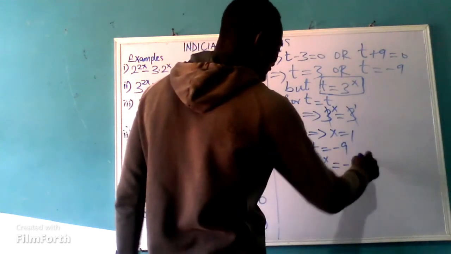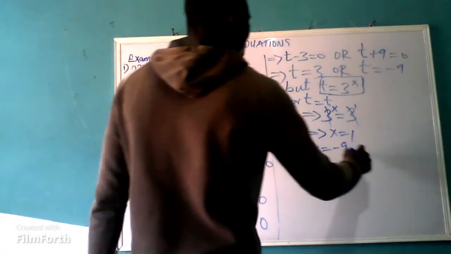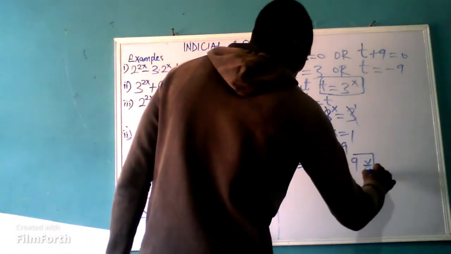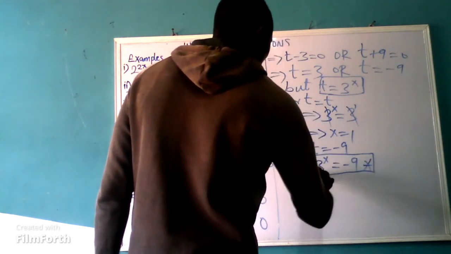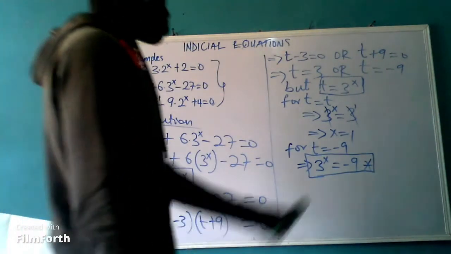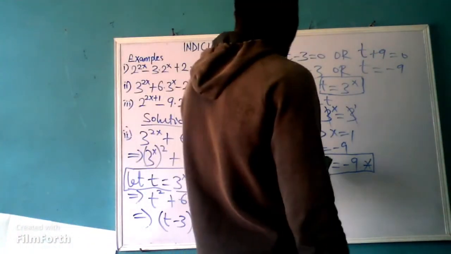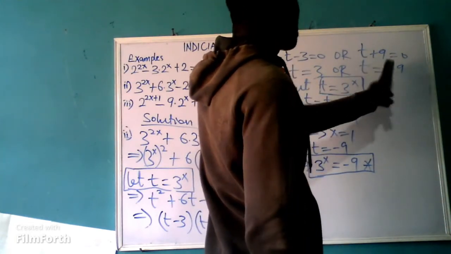There is no power of 3 that can give us negative 9. Therefore, for t equal to minus 9, the equation cannot be true.